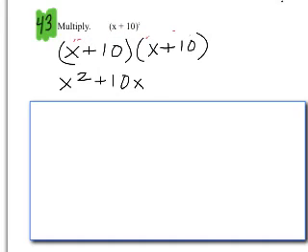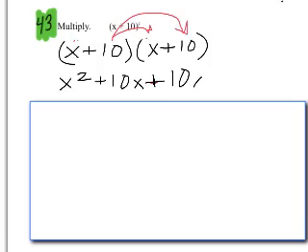Let me erase these to avoid confusion. And then we take our second number and do the same thing. Okay, so that's, oops, let's make that black. That's 10x plus 100.